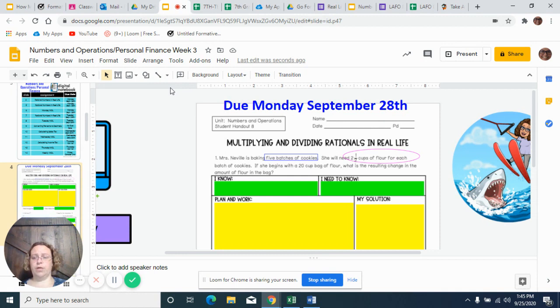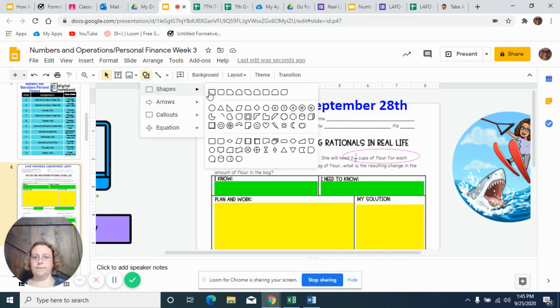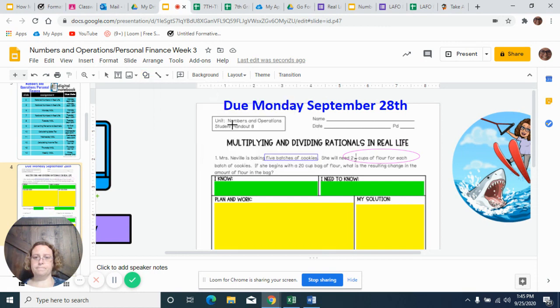So I'm just going to underline it. Okay, apparently it doesn't like that. So we're just going to do it this way. Alright. So she started with a 20 cup bag of flour.